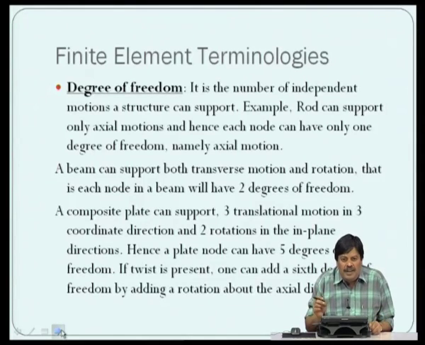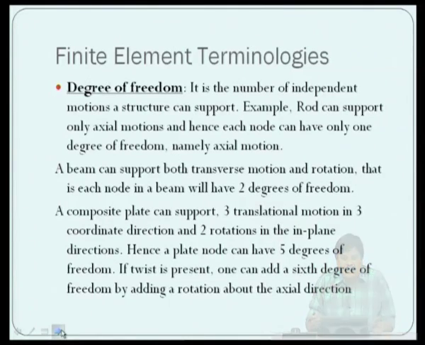For example, a beam can support both transverse motion and rotation. So, each node in a beam will have 2 degrees of freedom. A composite plate can support 3 translational motions, that is in 3 coordinate directions, and 2 rotations in plane directions. Hence, the plate node will have 5 degrees of freedom.